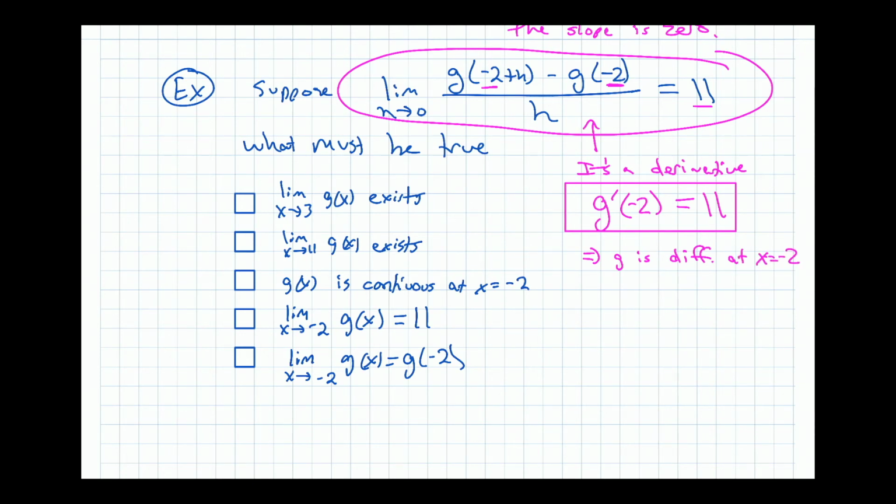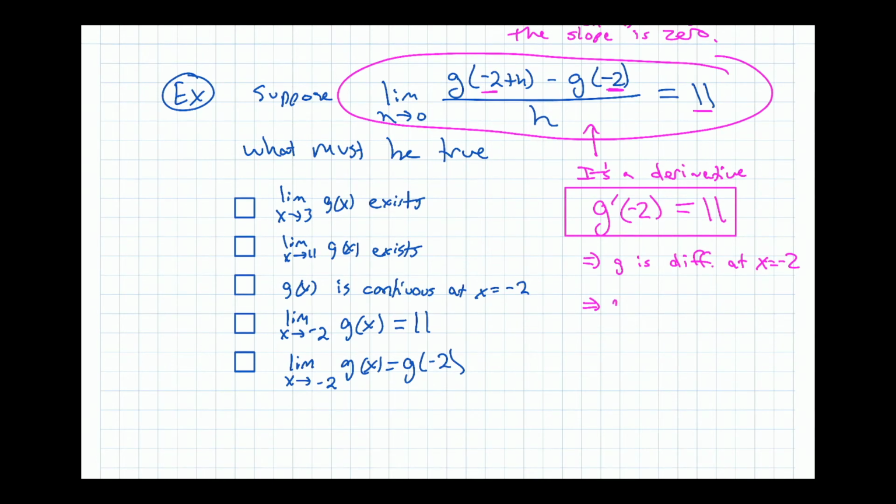That's not on the list, but I'm just writing that. Okay, g is differentiable at x equals -2. But if g is differentiable at -2, then g is continuous at x equals -2. Because if you're differentiable, you are continuous.